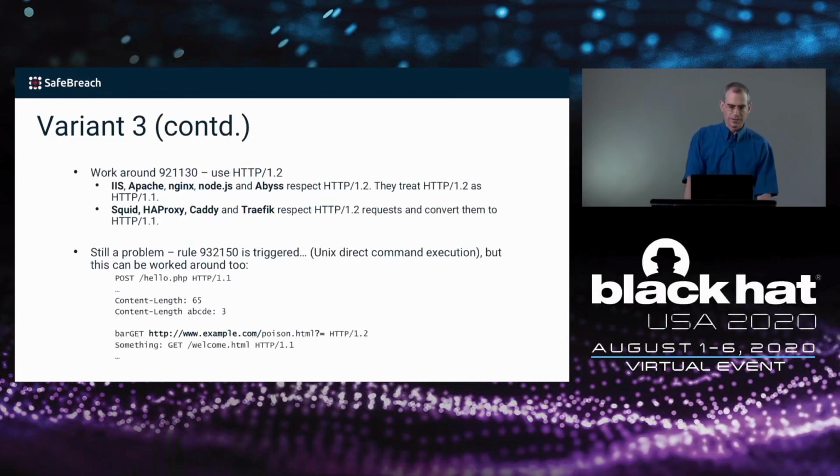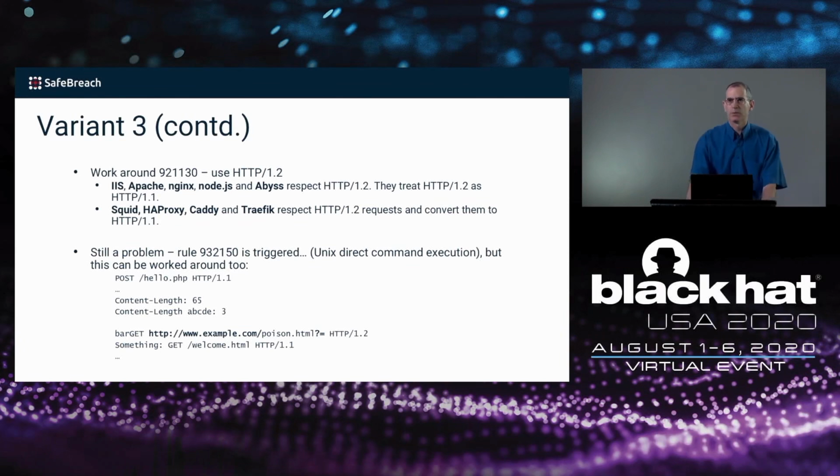As for the 130, the trick is to use HTTP 1.2 instead of HTTP 1.0 or 1.1. And as it happens, IIS, Apache, Nginx, Node.js, and Abyss respect HTTP 1.2, and they treat it as HTTP 1.1. And the proxies, Squid, HAProxy, Caddy, and Traffic, respect HTTP 1.2 but convert it into HTTP 1.1.